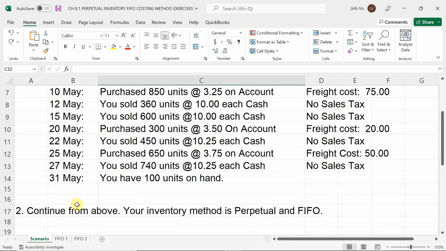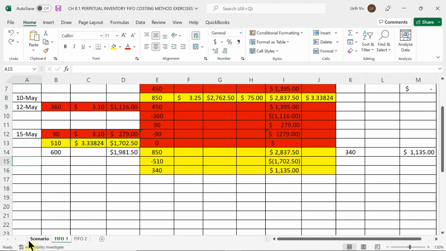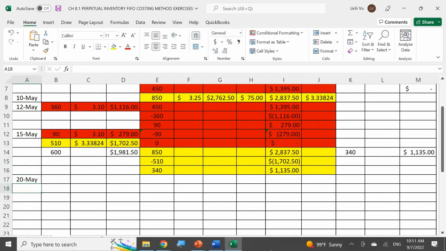All right, May 20th. We end up purchasing 300 units at $3.50 with a freight of $20. So 300, 3.50, $20. We didn't sell, but we purchased 300 units at $3.50 with a freight of $20.